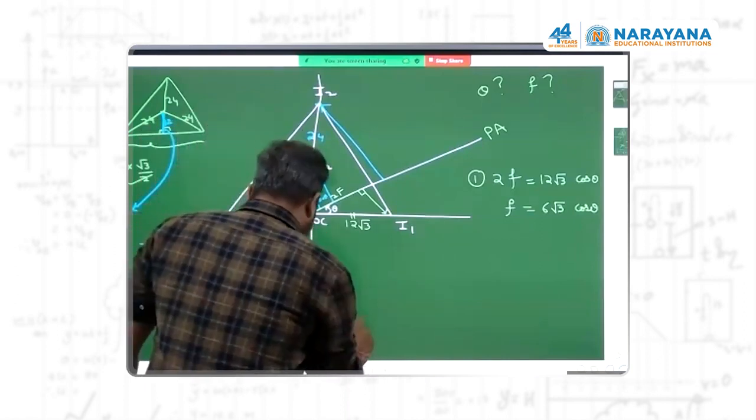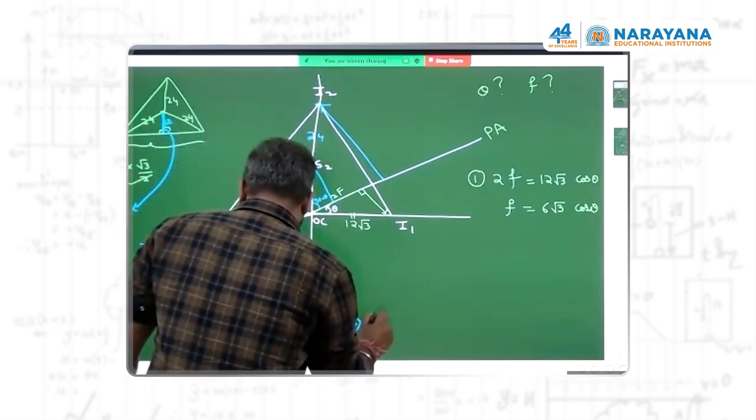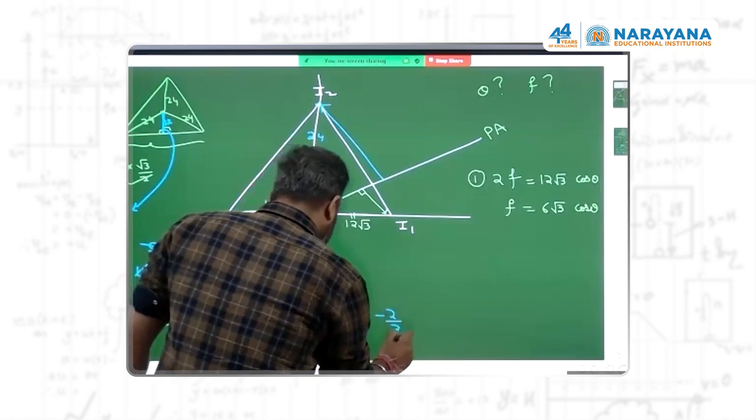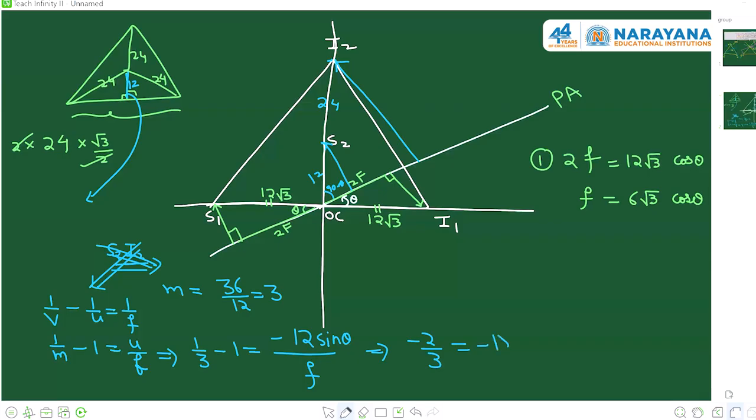So that basically tells me that minus 2 by 3 is minus 12 sine theta divided by f. So what is the second equation which I am getting? f from here is coming out as 18 sine theta. And now maybe we are in a better position to answer.